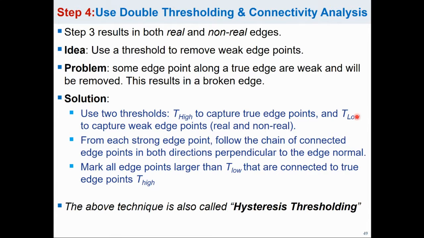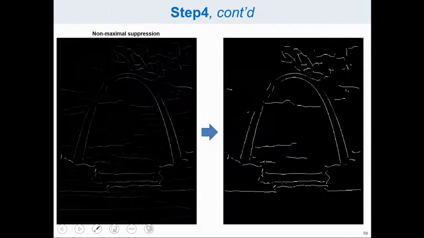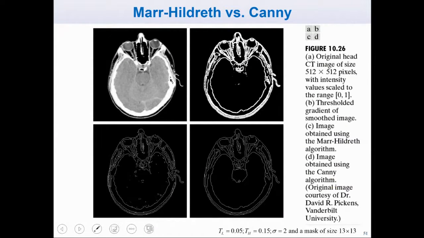Okay, so that's called hysteresis thresholding. So basically the output will be from step 3, the non-maxima suppression, into step 4. You will see a lot of the weak edges here are all gone. Only the strong edges remain, and that's the end of the algorithm.